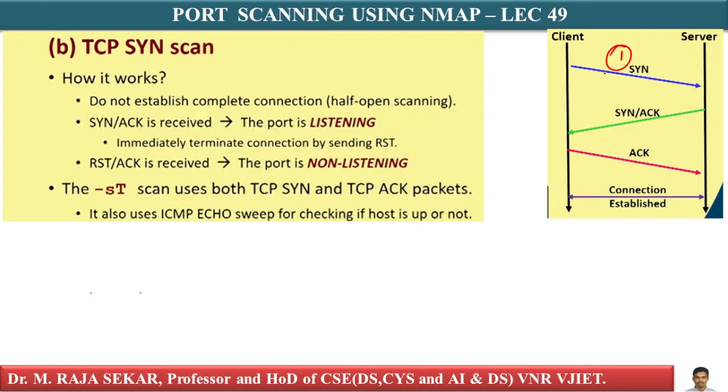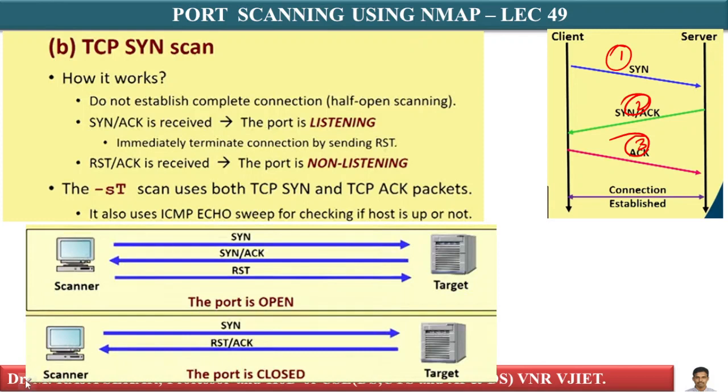If the port is open, the target sends back SYN ACK. That is the second step. Now for a connection establishment, the client is supposed to send back ACK. That is the third step. But here, it does not actually try to establish the connection, so it sends back a reset, which means it is resetting the connection. First, the client sends a SYN packet, the target replies SYN ACK, and the client sends RST.